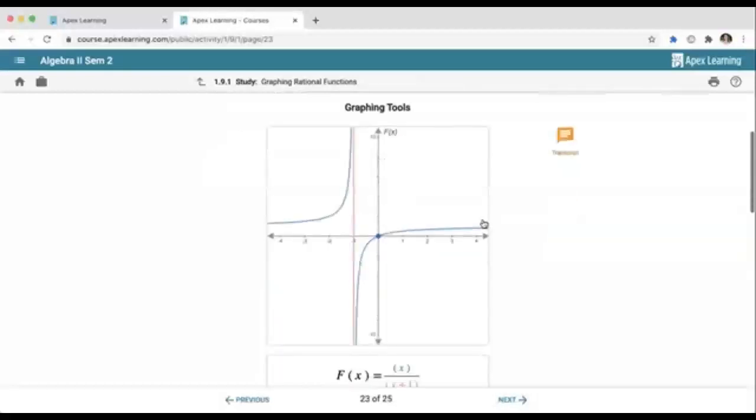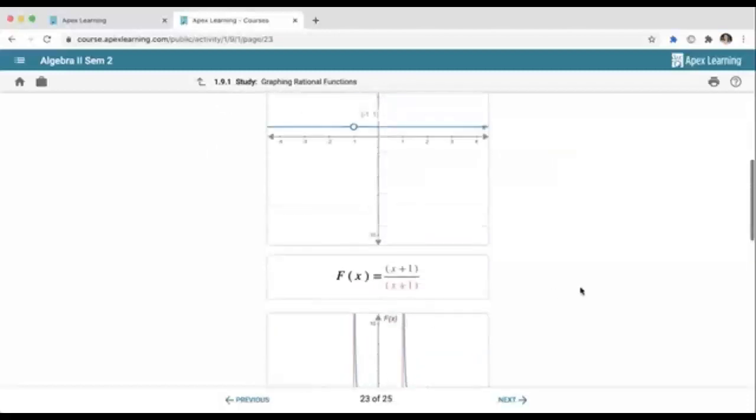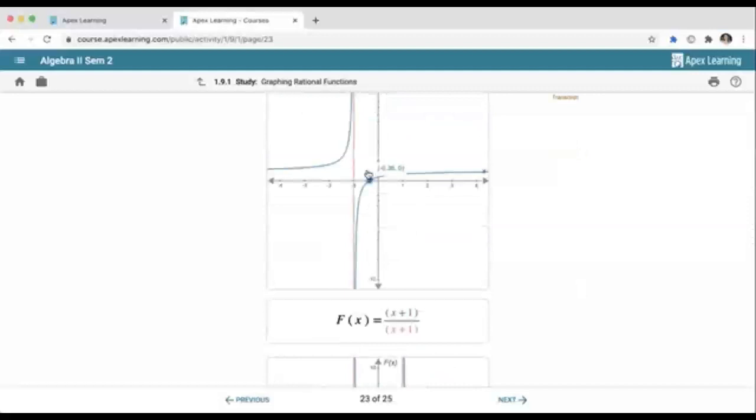So same thing here. Remember, if I pull, I know it's a bad example because there's only one, but when I have my 0 point reaching my vertical asymptote, it makes a hole.